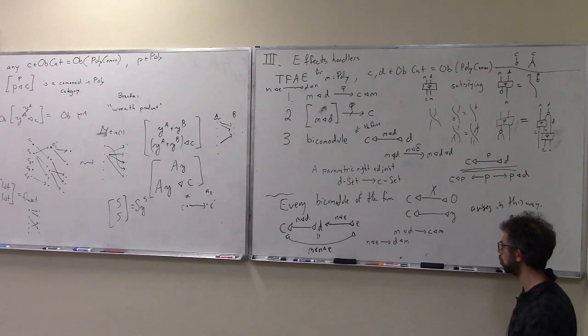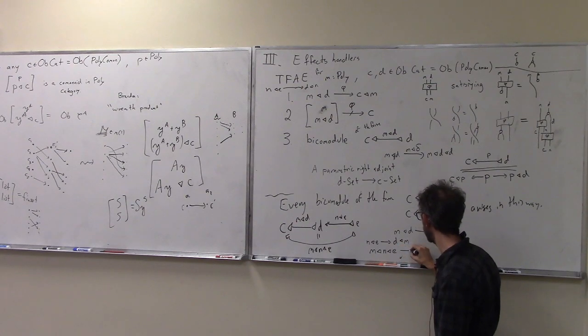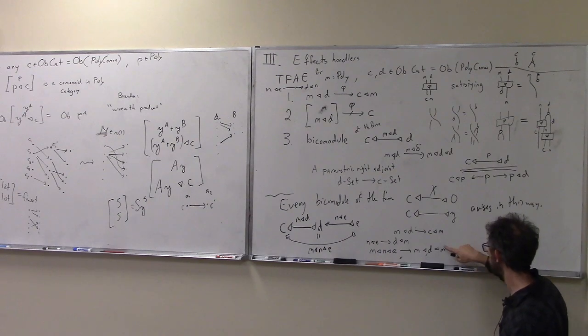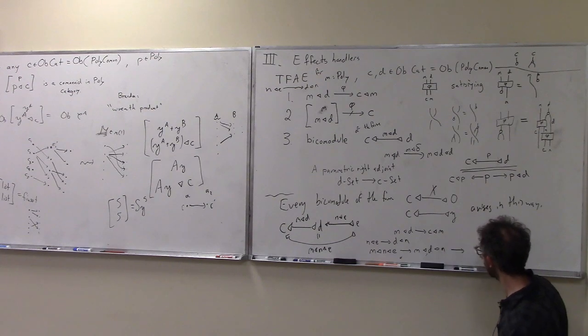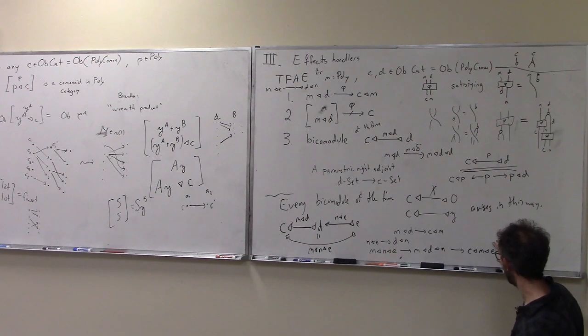Start with M composed N composed E, and then that maps to M composed D composed N, and then which maps to C composed M composed N, which is the required form. Great, yep. Cool.